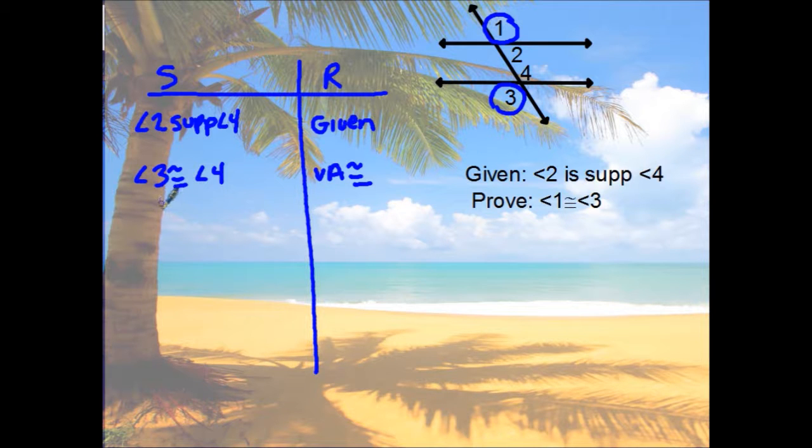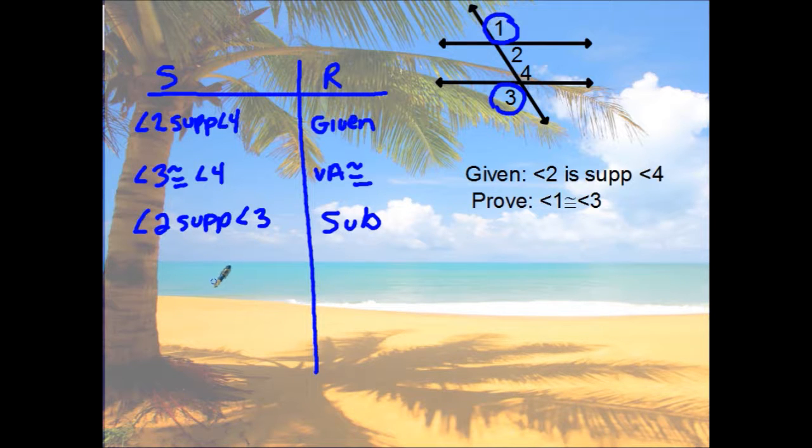I'm going to use the substitution property. Every time I see angle 4, I can replace angle 4 with angle 3. So angle 2 is supplementary to angle 3. For my reason why, it's substitution. Well, that didn't quite get me to where I want to be.